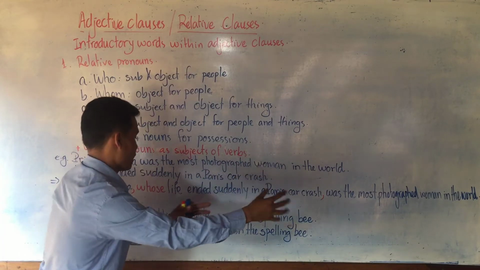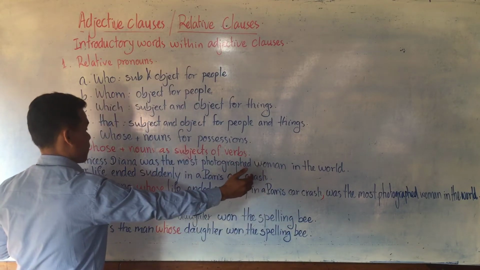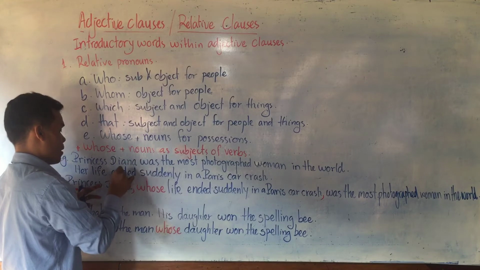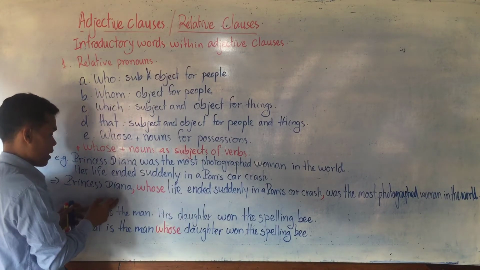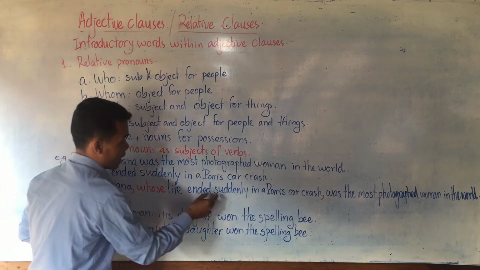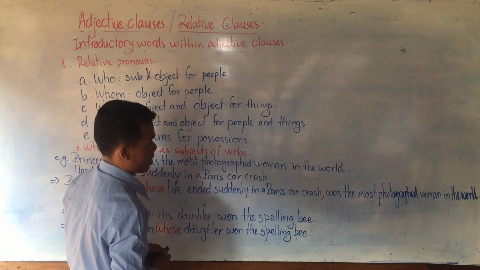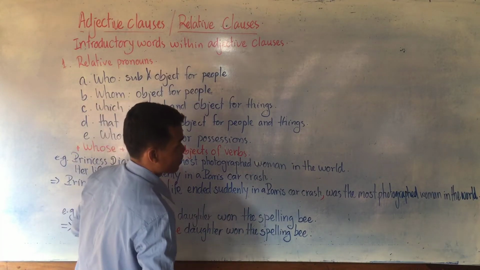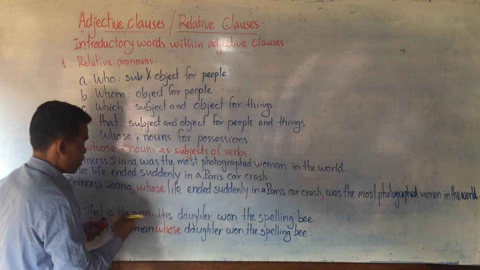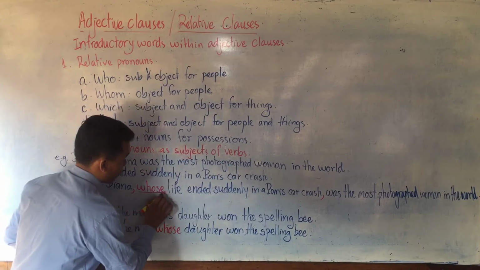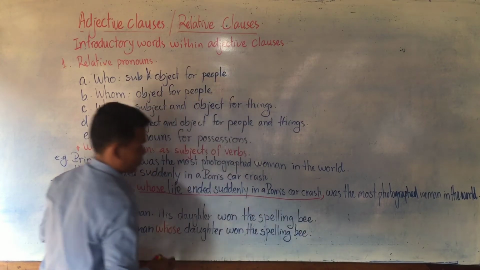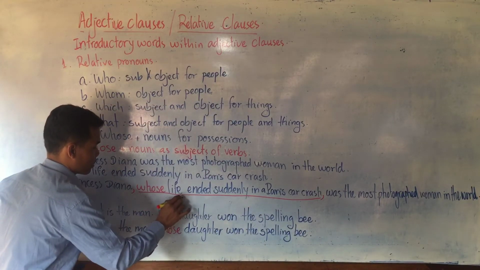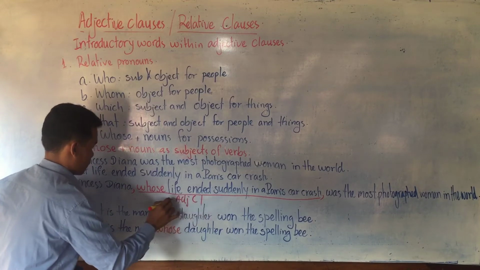That's why we take it out and we insert the second simple sentence next to Diana, which is an antecedent. Okay, so we can write: Princess Diana, whose life ended suddenly in a Paris car crash, was the most photographed woman in the world. So our adjective clause is from whose to car crash here.